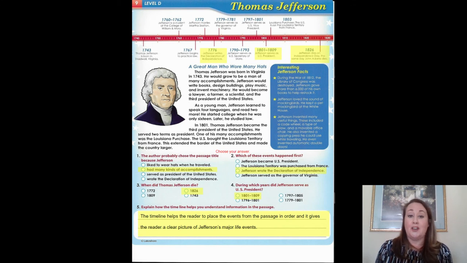So hopefully whenever you see an informational text, you will look for these things. You will look for the timeline, or if you have something like a graph or a chart, and then out to the side you might see something like a text box that gives you that extra information that you see in an informational text.